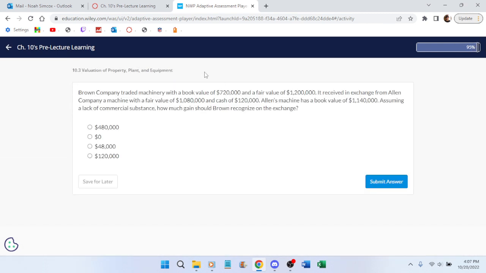Brown Company, oh. Well, let's see. There is a lack of commercial substance. It received cash. Oh no, I have to do a complicated calculation. I don't want to do a complicated calculation. Fair value of 1,200.